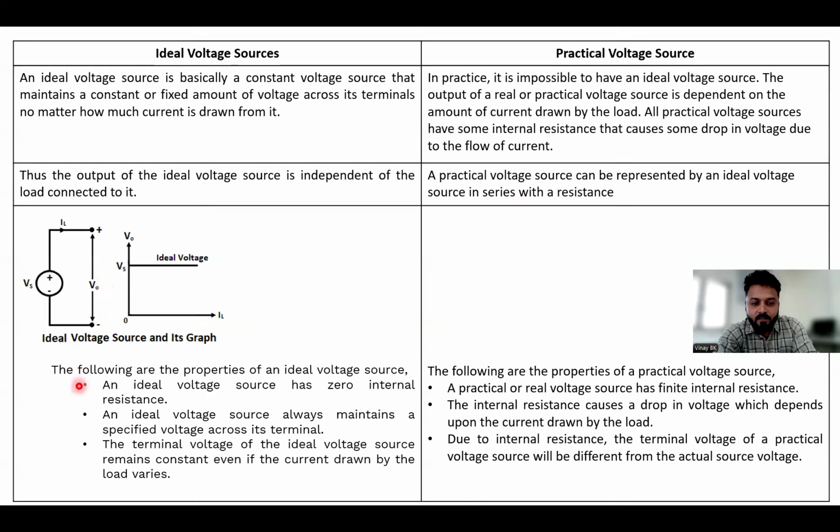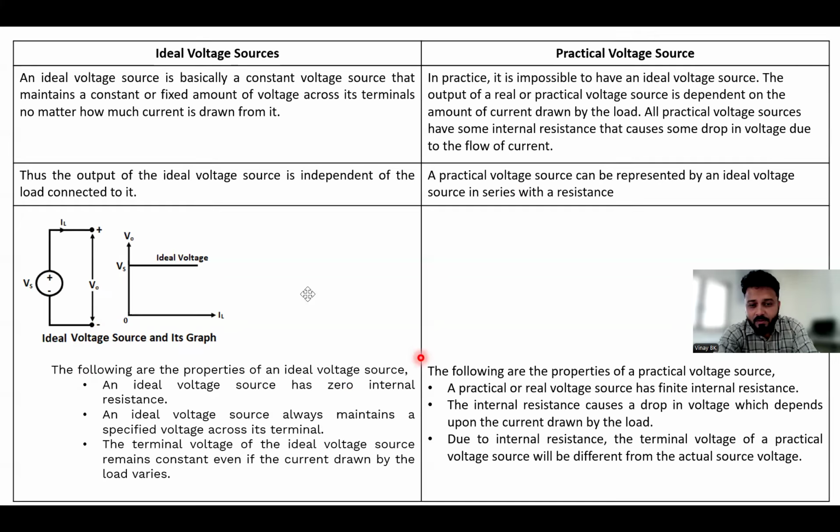So it has properties like: an ideal voltage source has zero internal resistance, an ideal voltage source always maintains a specified voltage across its terminals, and the terminal voltage of the ideal voltage source remains constant even if the current drawn by the load varies or changes.